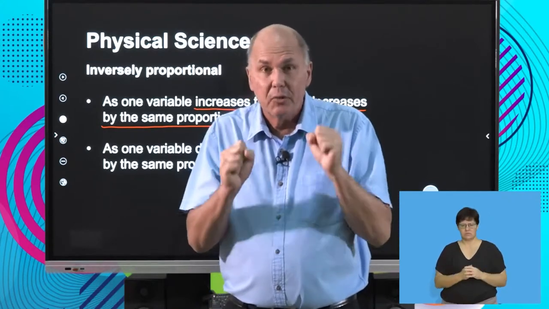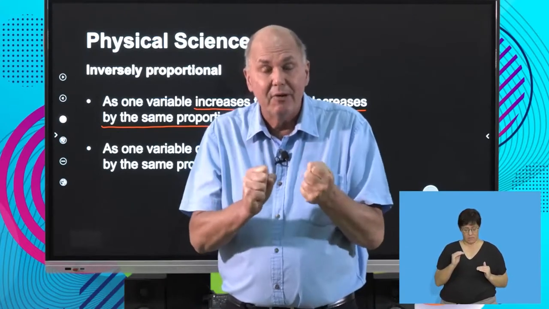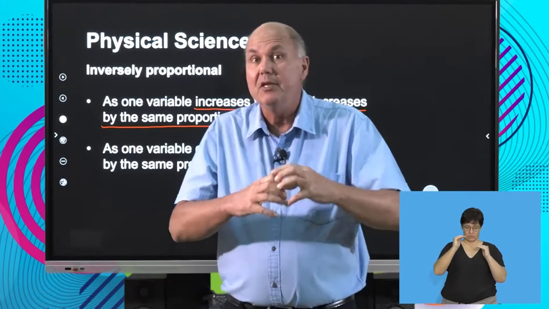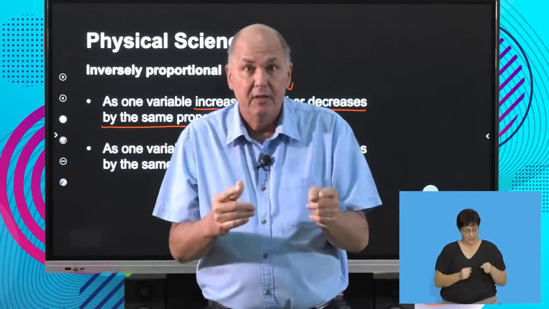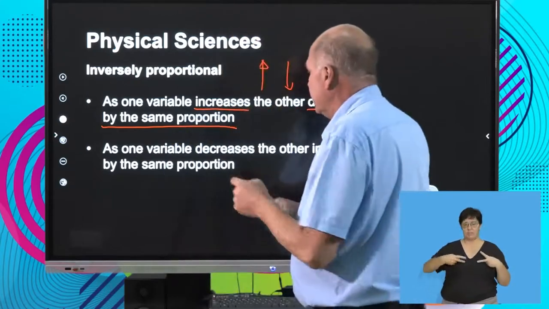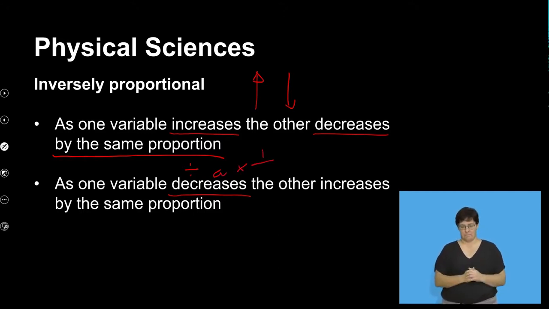Please make sure that you understand there are very specific terms here, very specific relationships, because from these relationships and from the graphs, we're going to be able to write equations, and we will do that in a later scenario. So have a look here in terms of the decrease as well. When the one variable decreases, remember when we say decrease, we can either think of that as dividing, or we can think of it as multiplying by a fraction, by 1 over a value.